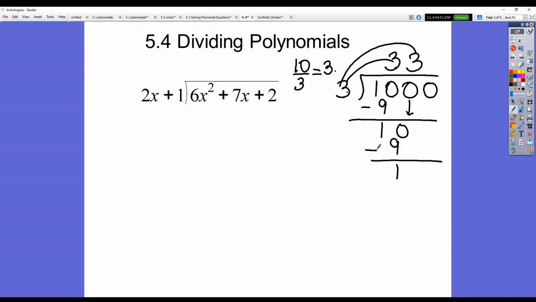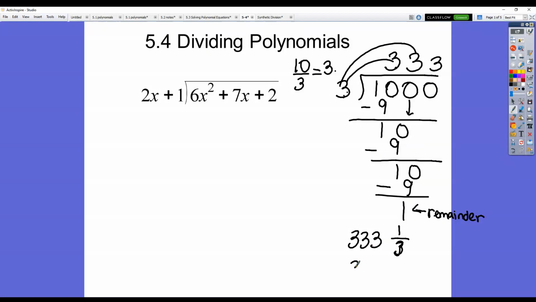And you're subtracting here. And then last time, 3 goes into 10 3 times. This is our remainder. So my answer is 333 and then 1 over 3.